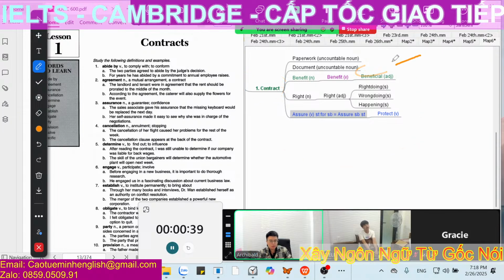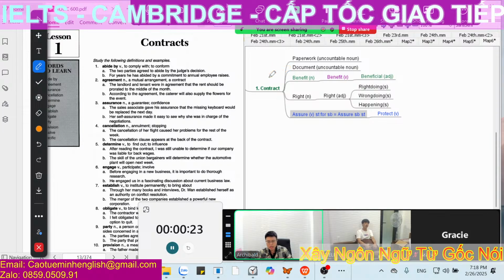It's not just beneficial, it brings benefits to me in all aspects. So a contract is not just a piece of paperwork. It is a kind of document that you should have.